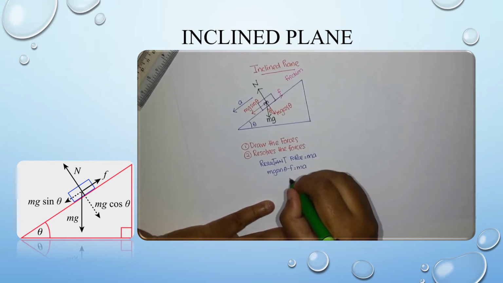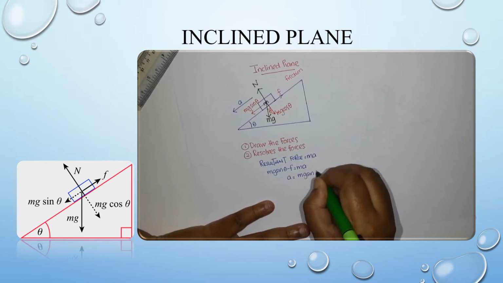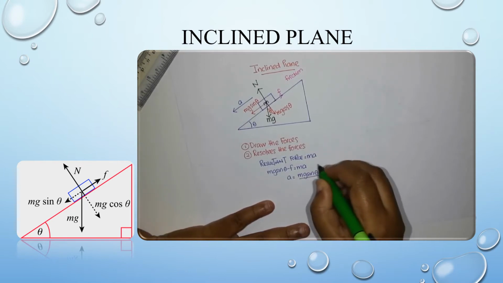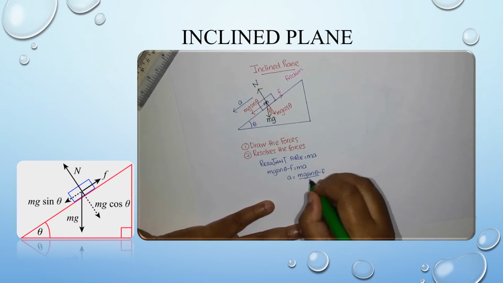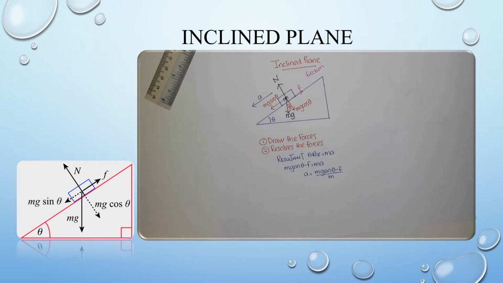So you can find your a equals mg sin theta minus F, divided by small m.